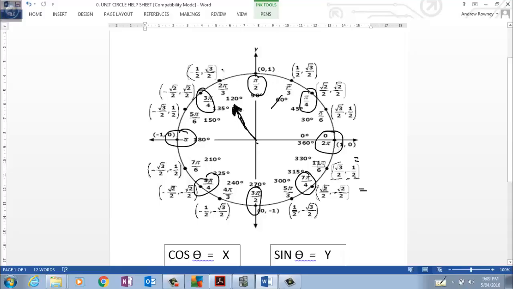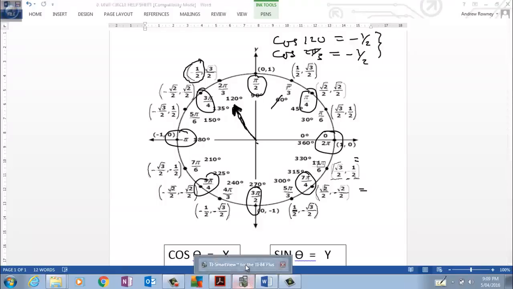So let's look at just the x coordinate, the cos value. We can see from here we should get minus a half for the cos of 120. So cos of 120 should be minus a half, and the cos of 2 pi on 3 should also be minus a half. Now we'll just see if the calculator can cope with these.